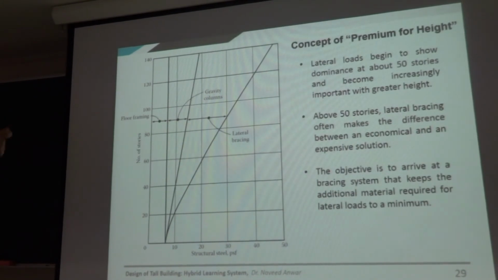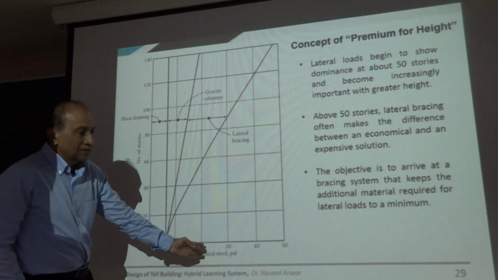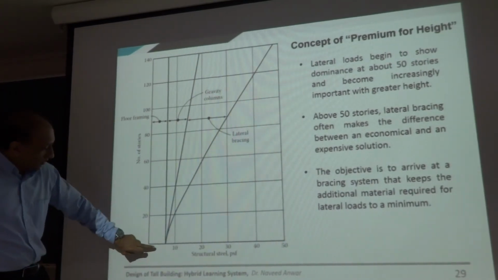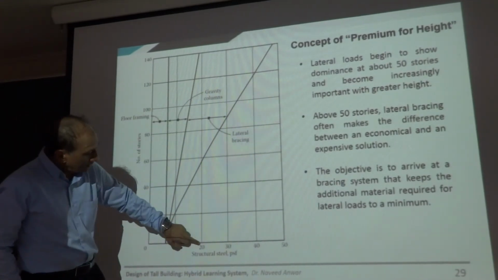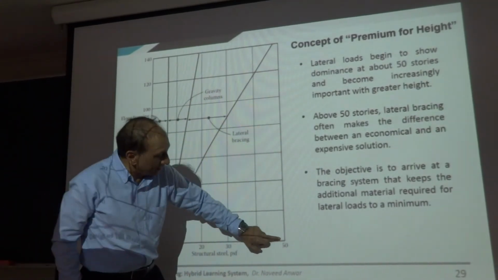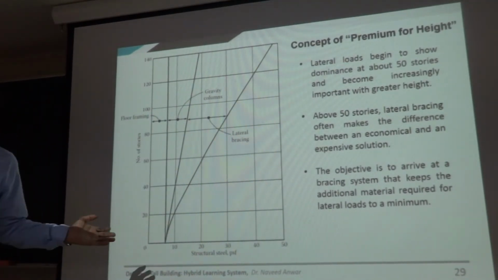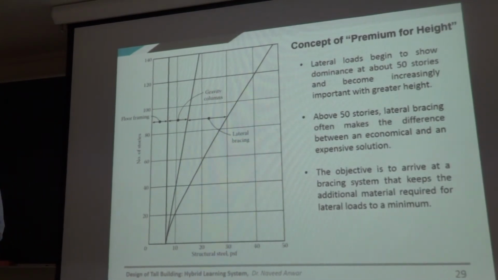So this premium for height, and you can see from here, structural steel in pounds per square foot for a typical building: let's say for gravity it was 8, for columns it becomes 20, and for lateral it becomes 50, right? So huge premium we have to pay for height.